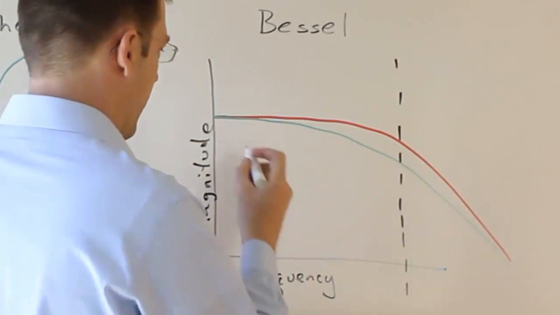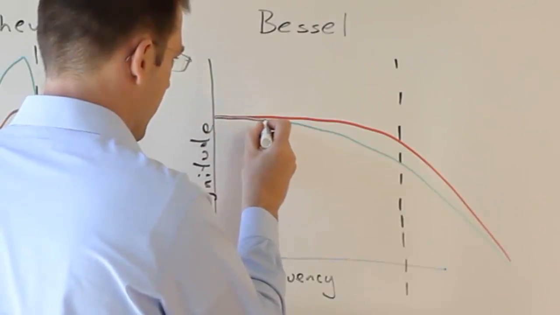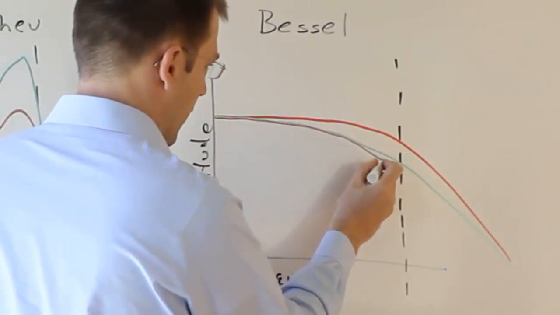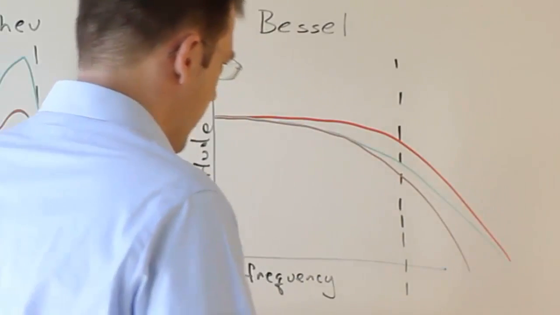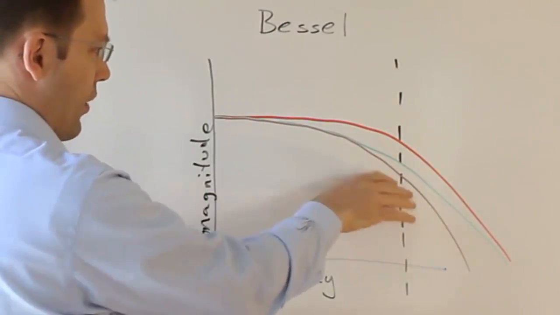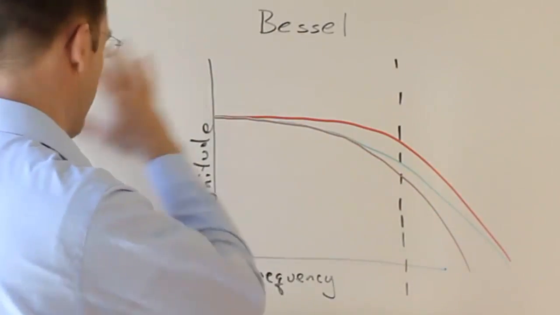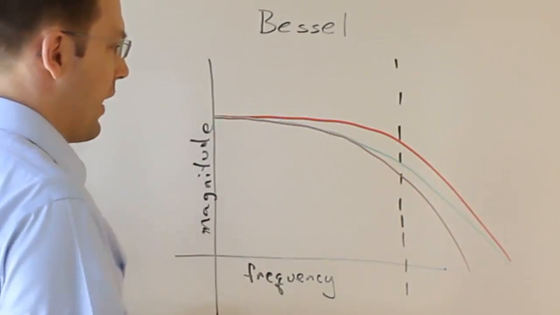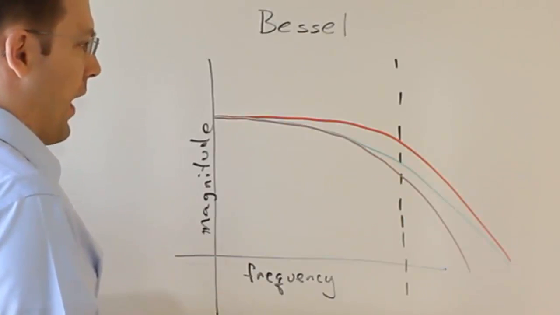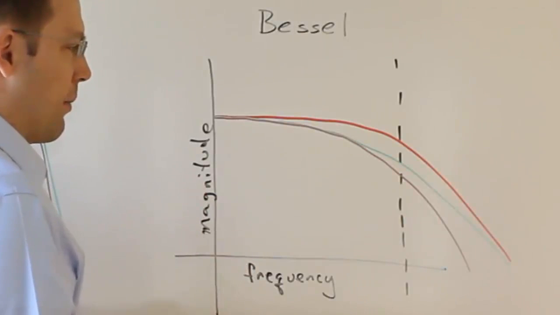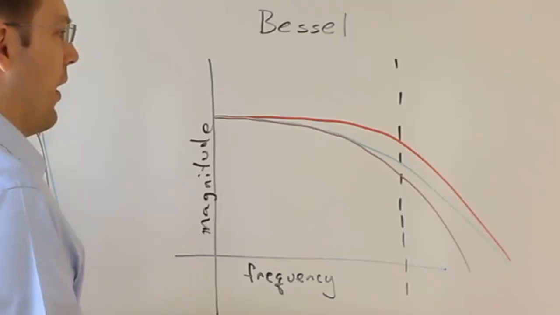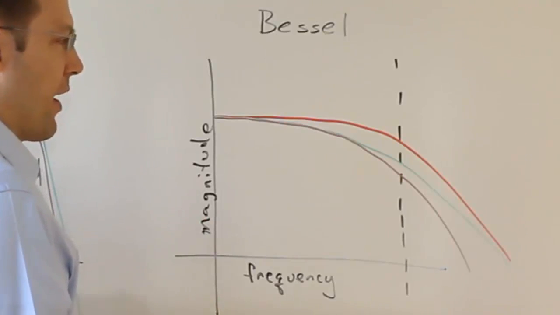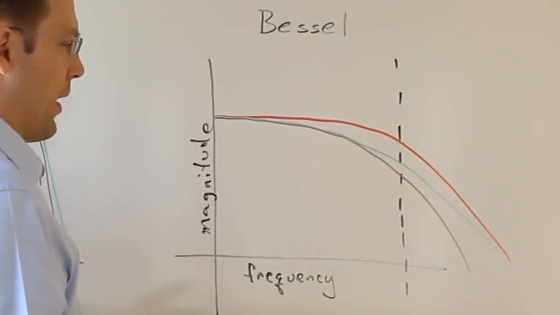And so then the final filter response maybe looks something like that, right? So you can see that we have this very slow transition from the pass band to the stop band compared to the Chebyshev. But on the other hand, we're using very stable stages. And because these stages are very stable, almost underdamped, they're not going to have ringing, and so the final result has very good time domain response.